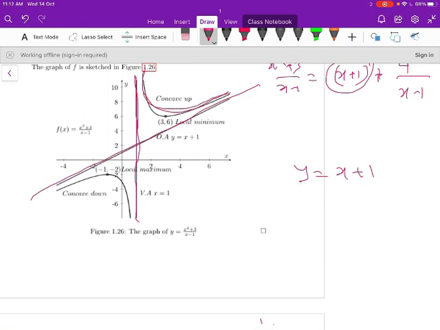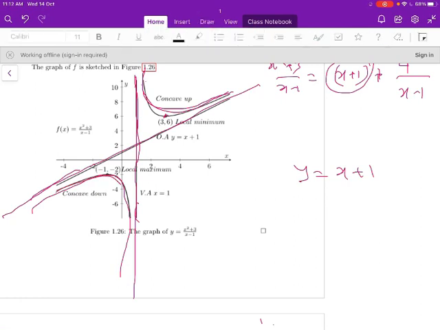Therefore we can see that this is the curve roughly, and this is another curve on the negative side. The asymptotes and the curve should meet at infinity, and 3 comma 6 is the local minimum value, and minus 1 comma minus 2 is the local maximum value for this function. Okay, roughly you can sketch the graph.